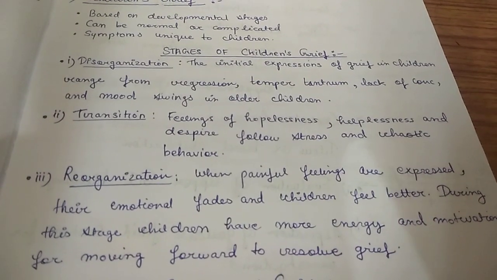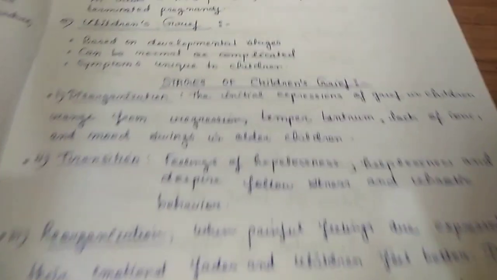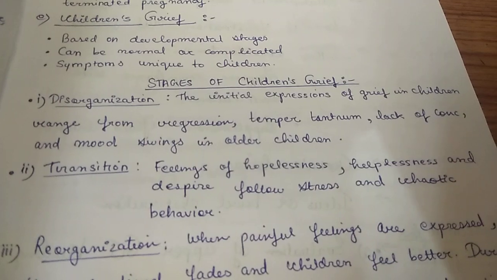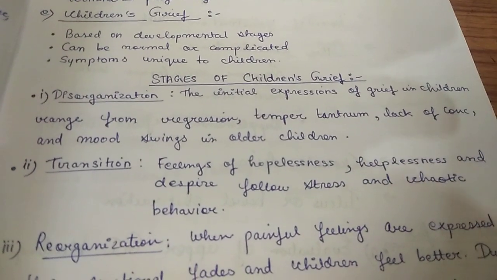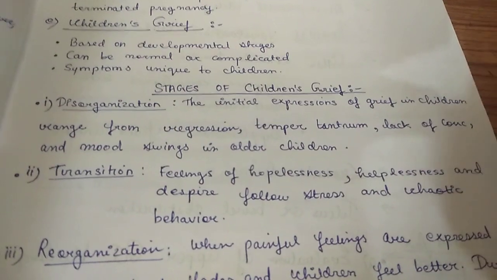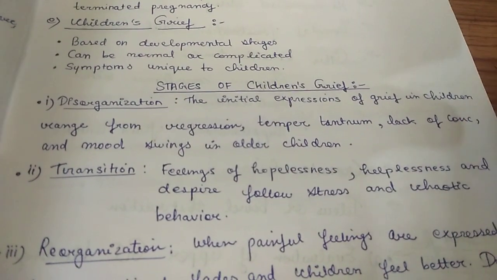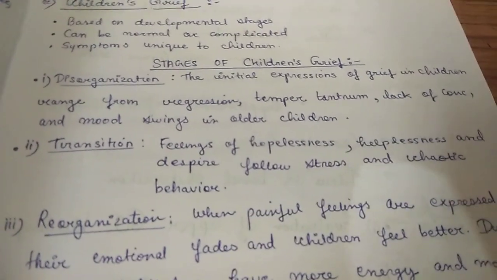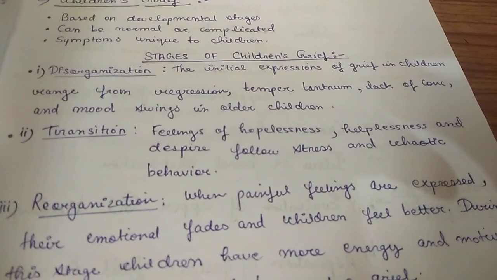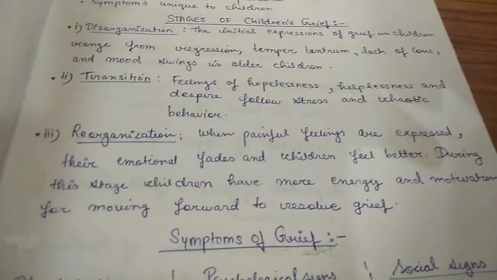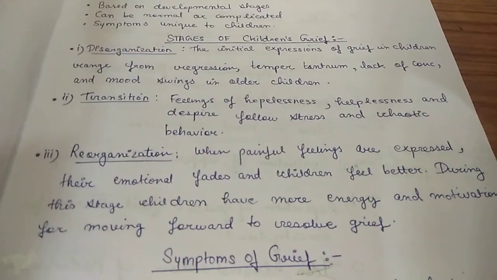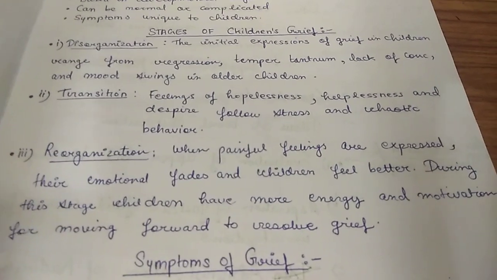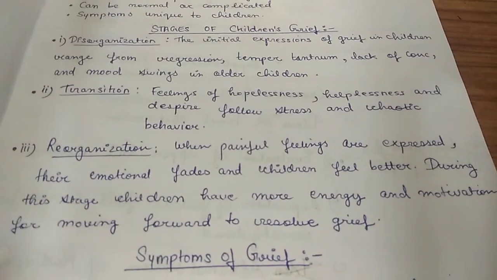From the word itself, there will be disorganized emotional control over the mind of the patient, where they will behave aggressively, with temper tantrums, anger, loss of consciousness, and mood swings. In transition there will be hopelessness and helplessness, a kind of calm situation in the transition phase of the grief. And lastly is reorganization, where all the feelings fade away, and the child will start feeling better and getting back to the normal stage with normal energy and motivation for moving forward to resolve the grief.